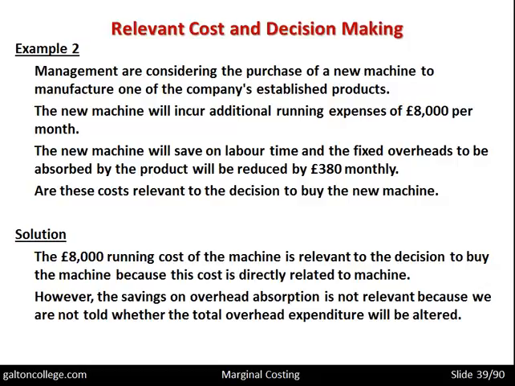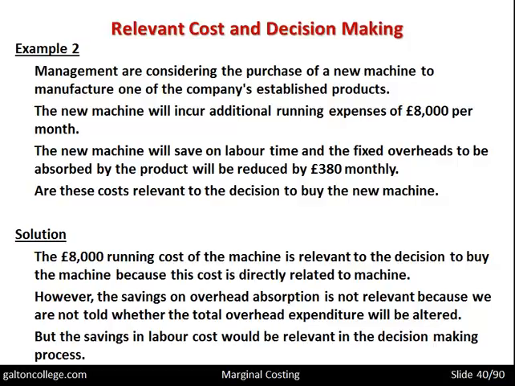However, the savings on overhead absorption is not relevant because we are not told whether the total overhead expenditure will be altered. So we don't know if total overheads will be changed as a consequence of buying this machine. But the savings in labour costs would be relevant in the decision-making process.